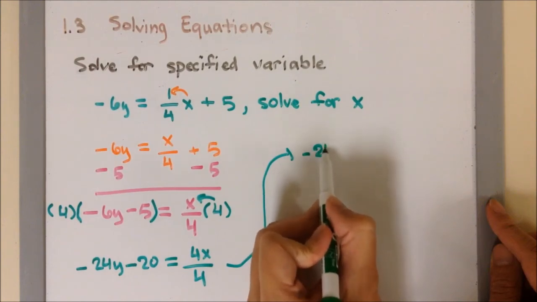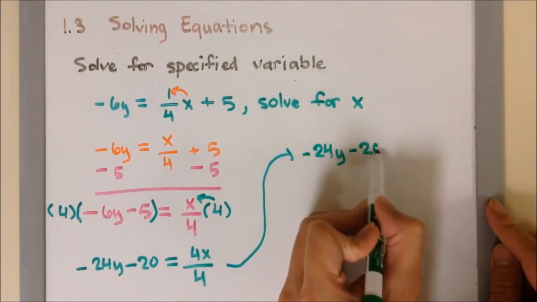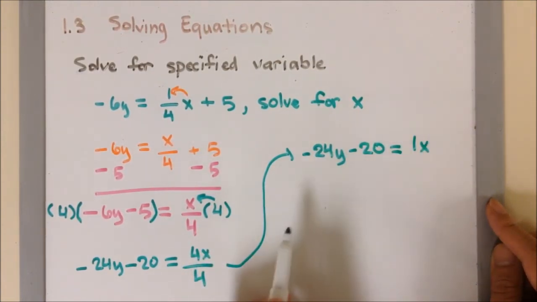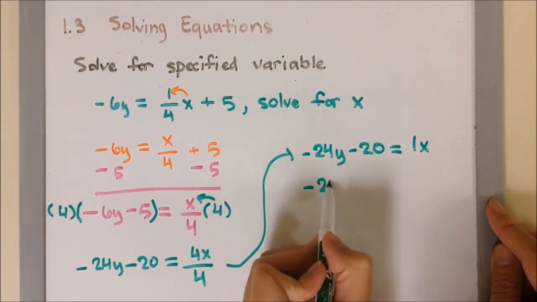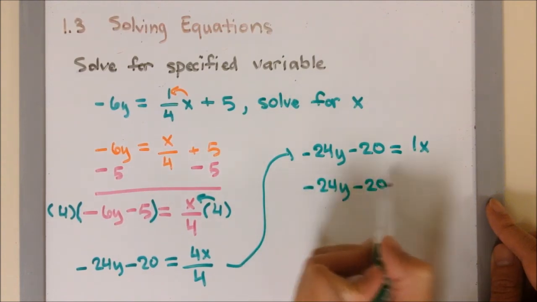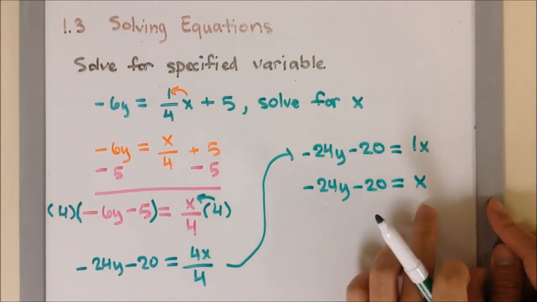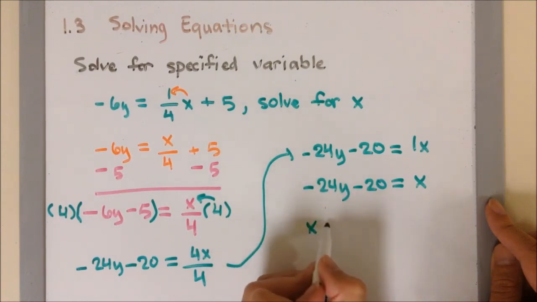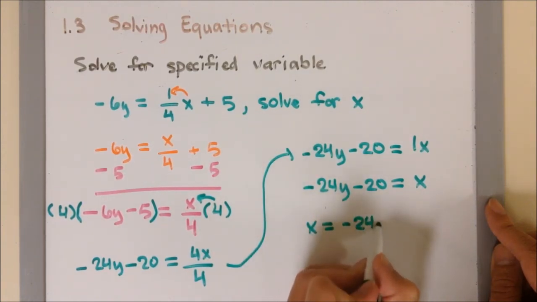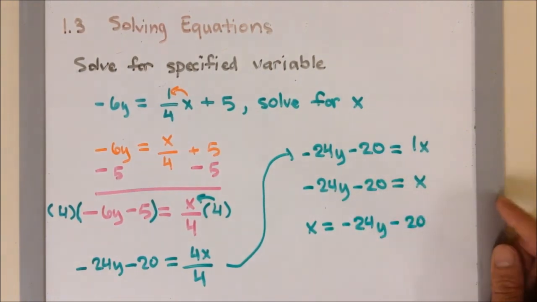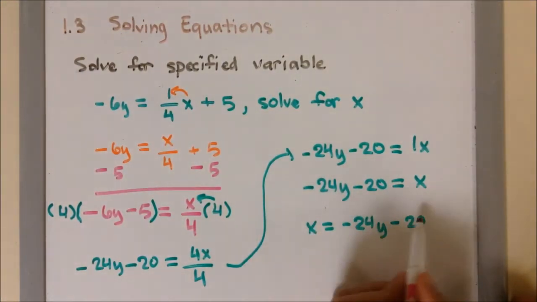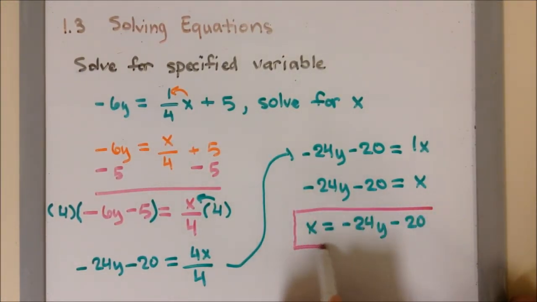So negative 24y minus 20 equals 4x divided by 4, which is 1x, but I can rewrite it as negative 24y minus 20 equals x. Now if I want x to be on the left side, I'm just going to flip it. x equals negative 24y minus 20. And that is our final answer. And again, x by itself, so x equals negative 24y minus 20.